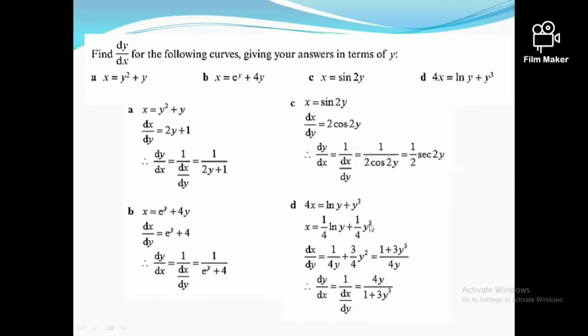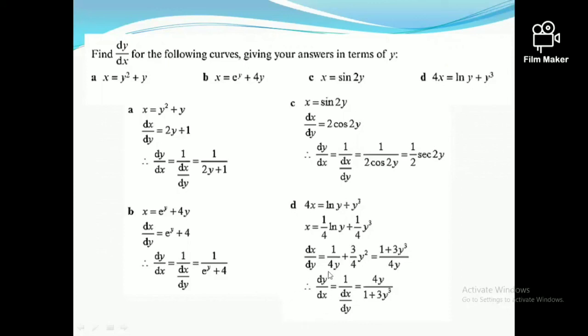If you differentiate it, what do you get? 1 over 4 into 3y squared. That is 3 over 4y. Then if you want, you can take the LCM. The LCM is 4y: 1 times 1 plus 3 into y squared into y, that is 3y cube. So this is the answer.